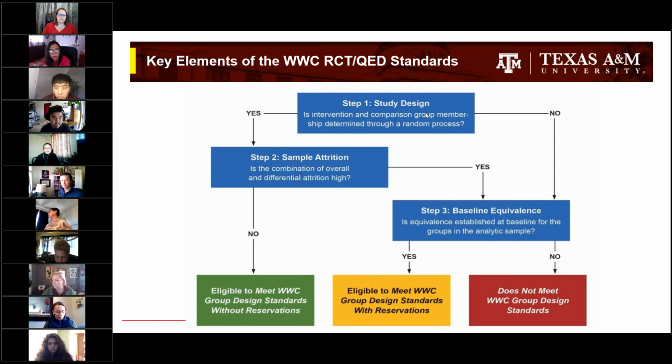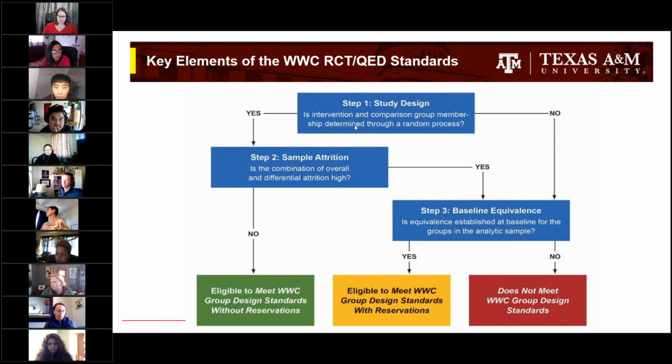So if a study uses an RCT design, yes, then go to the next step. WWC will check whether the sample attrition, the overall and differential attrition, is high or not. If it is low in both overall and differential attrition, then WWC will rate that study as meets standards without reservation.